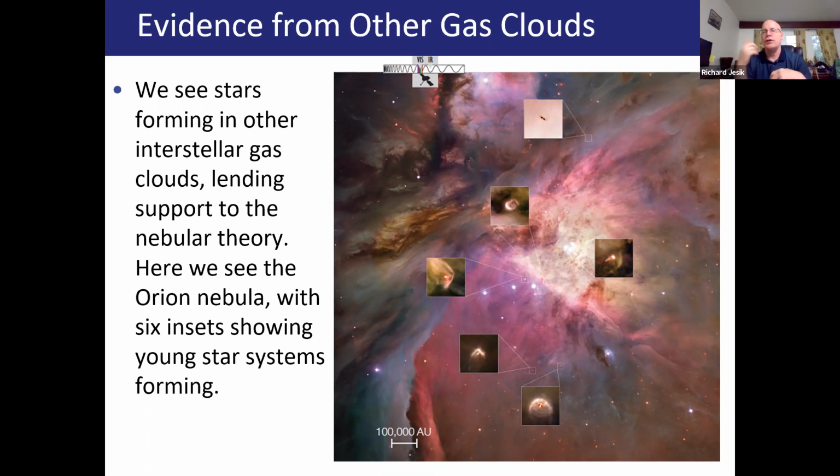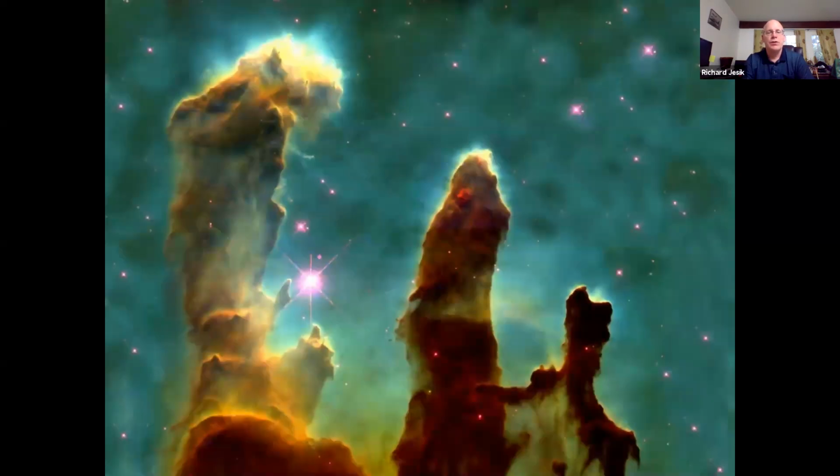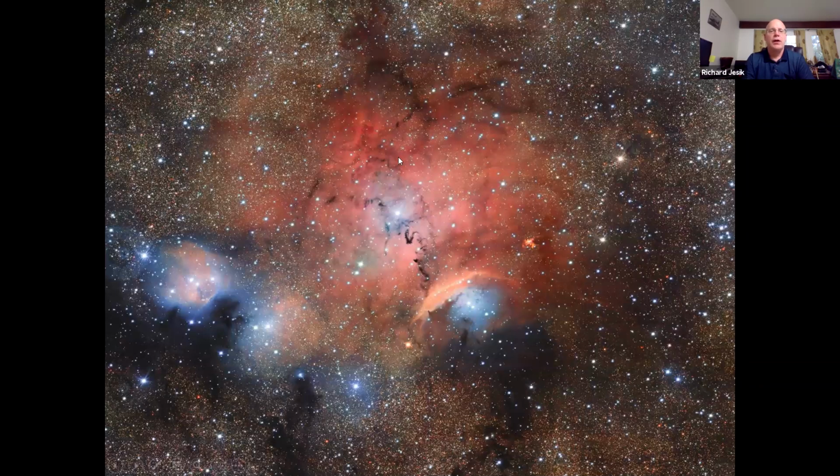So we can't watch a video of it, but we can see it in different stages. And we see baby stars and baby planets invariably being born in these clouds of dust and gas. That's why we call it the nebular theory. And we saw some beautiful pictures of that.